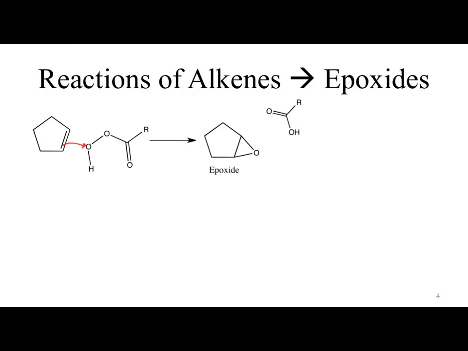How many electrons did oxygen have around it before that occurred? 4 pairs of electrons.